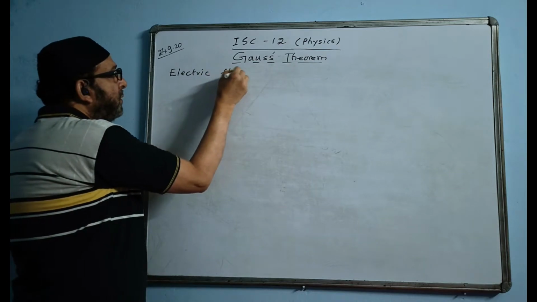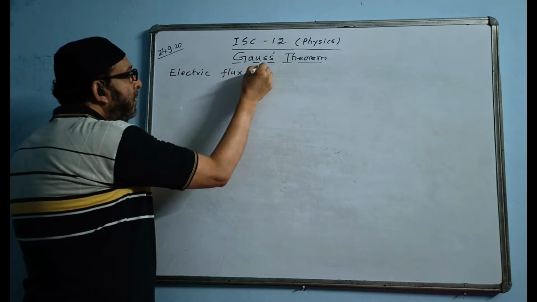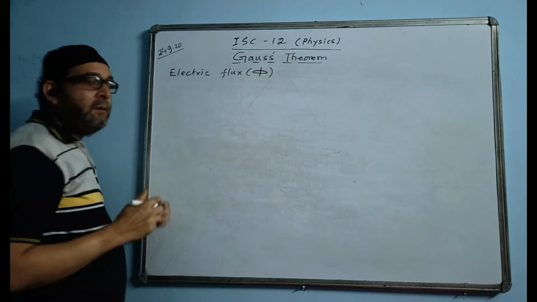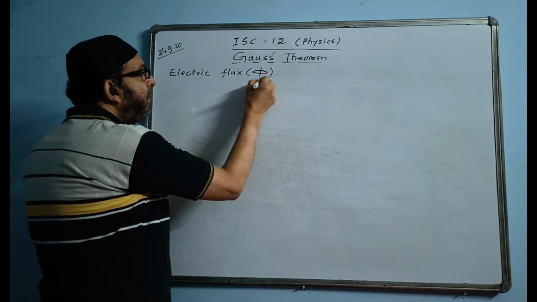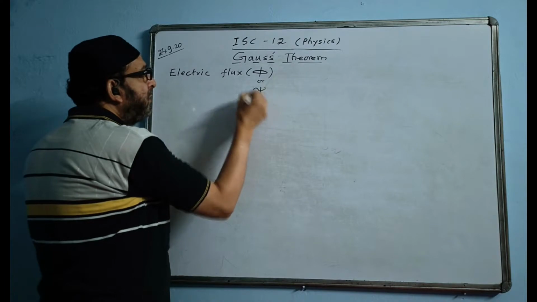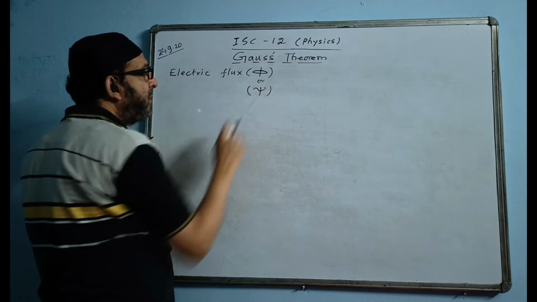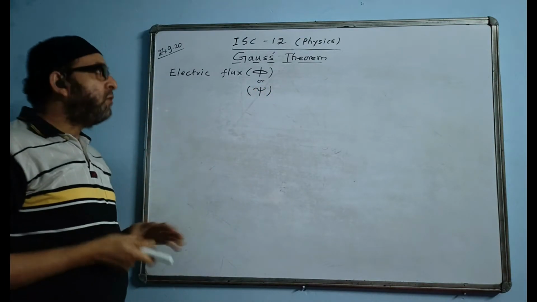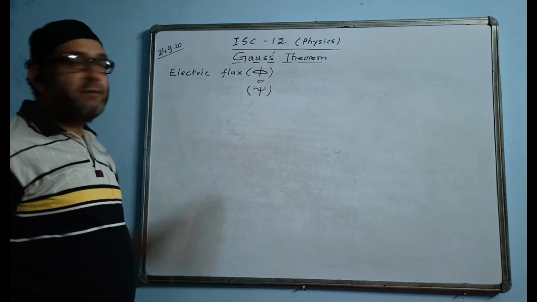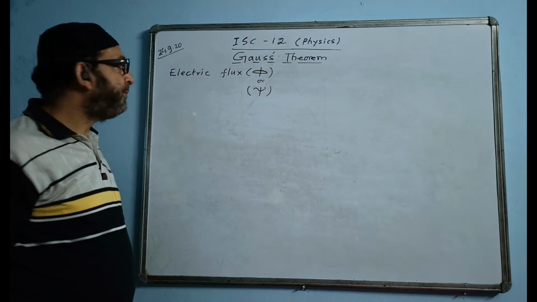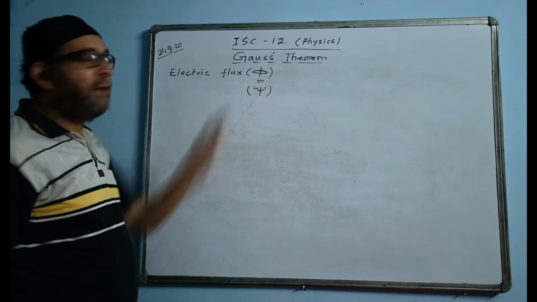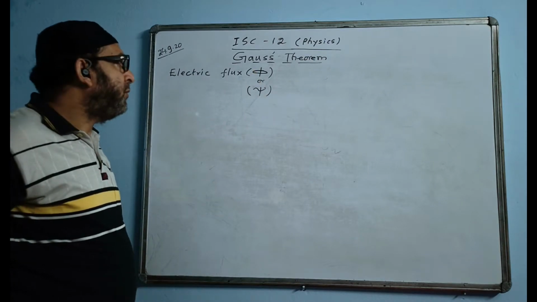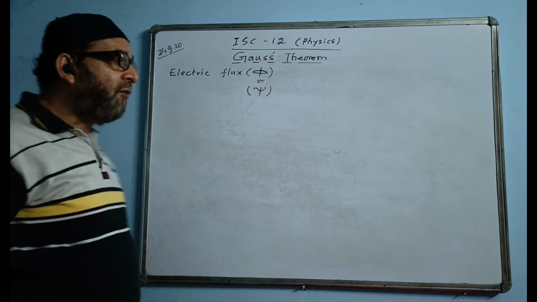Electric flux is denoted by the symbol phi. Sometimes people write phi or sometimes they write this, which is called psi. So you can write either phi or this kind of symbol. Phi is the standard one, and we'll follow that. What is electric flux?